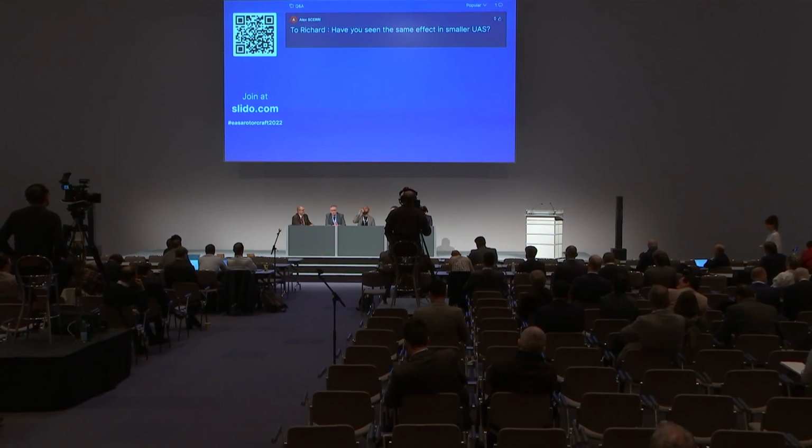Yeah, thank you, Claude. That's, again, a very good question. The talk almost dealt exclusively with how to get into trouble and very little with how to get out of trouble again. And if I look at the Vimeo screen here, there's another question which I can perhaps answer at the same time to save some time, and that is, have you seen the same effect on smaller UAS? And the answer is an emphatic yes. This is scale-independent stuff, so you see it no matter whether it's a big helicopter or a tiny little quadcopter.